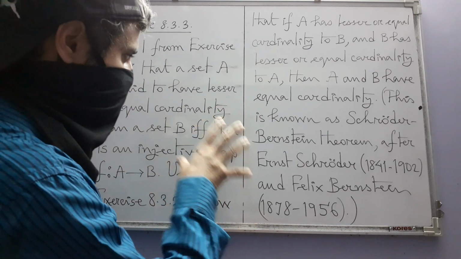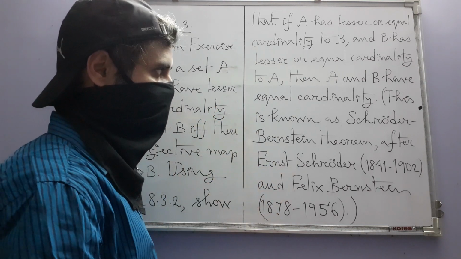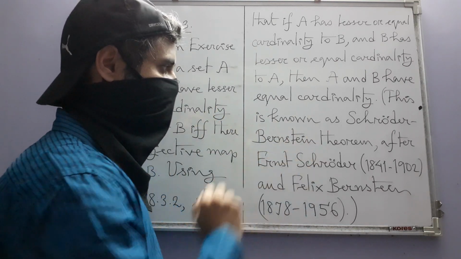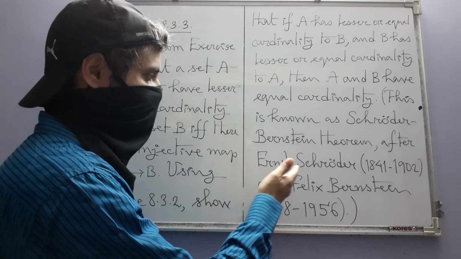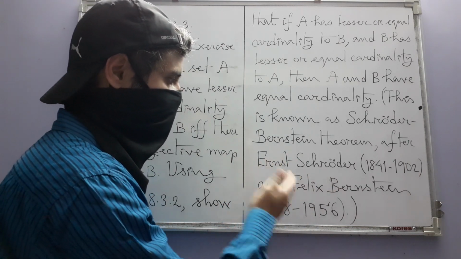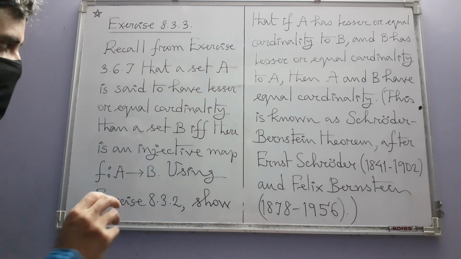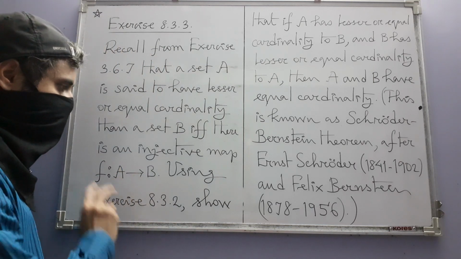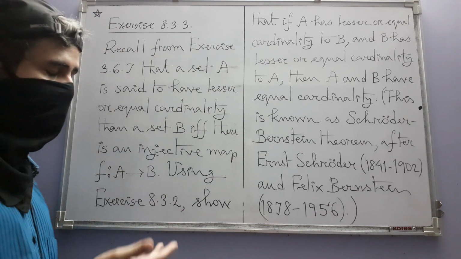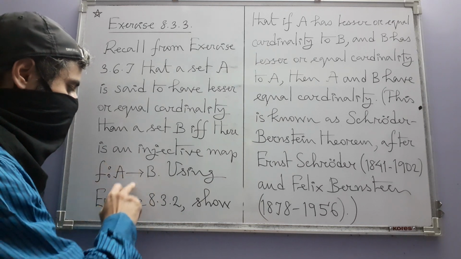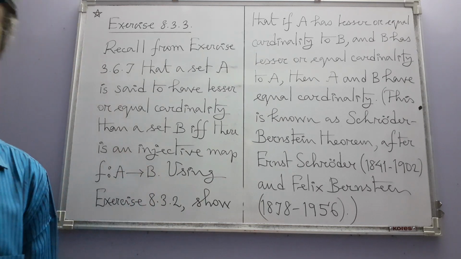And this entire thing is actually a theorem known as the Schroeder-Bernstein theorem, named after the mathematicians Ernst Schroeder and Felix Bernstein. So let's now see why this condition, in what sense are we saying that A has lesser or equal cardinality to B?